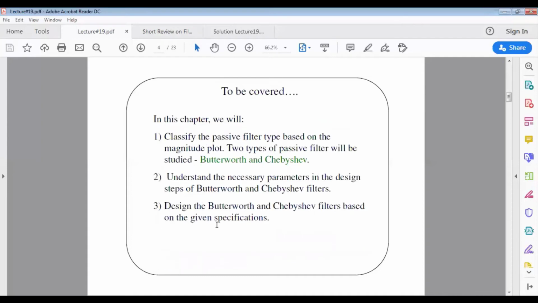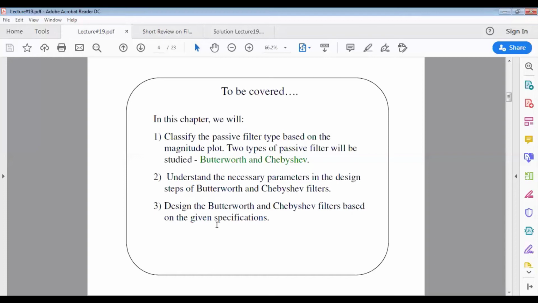So these are the things that we're going to learn in chapter 6. Number 1, we are going to classify the passive filter type based on the magnitude plot. As I mentioned on the first page of this lecture, we are going to concentrate only on the Butterworth filters, so we're going to see how we can classify the Butterworth filter by looking at the magnitude plot. Number 2, we are going to understand the important parameters in the design steps of the Butterworth filters.